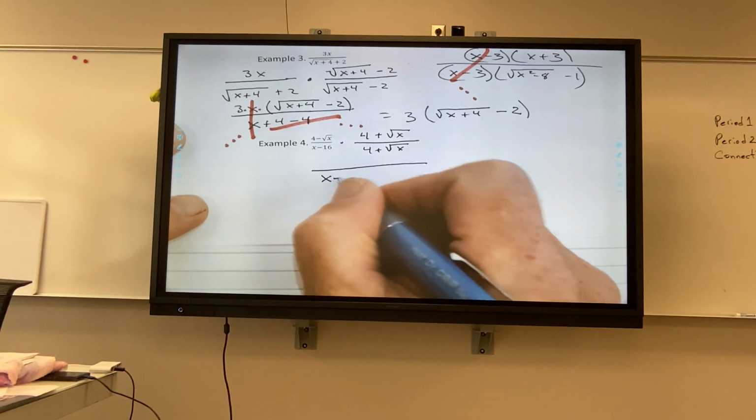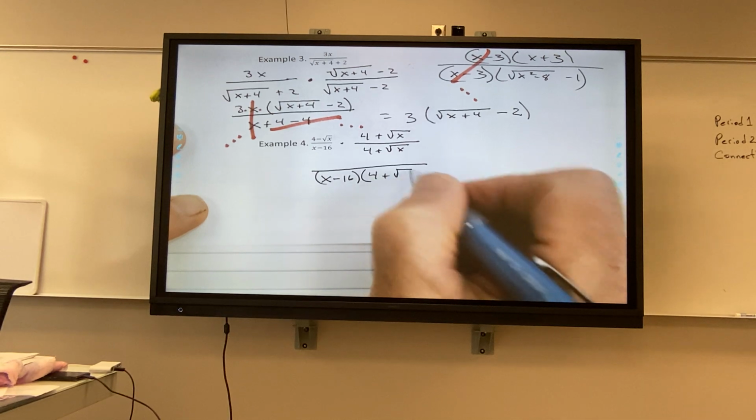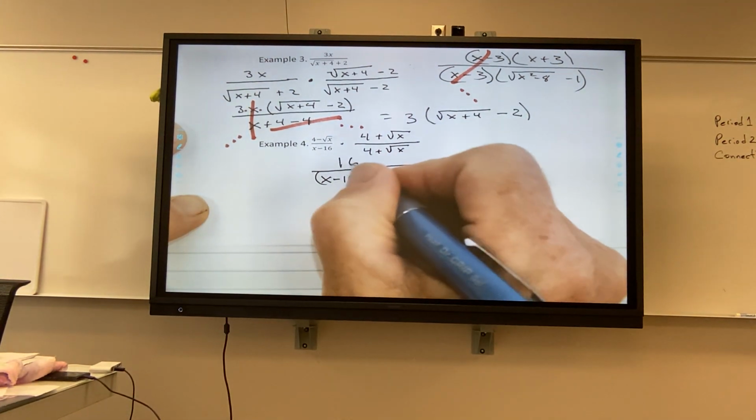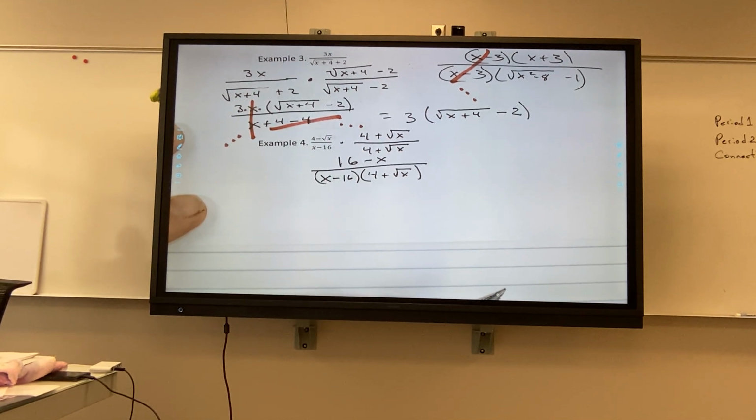Down here I have x minus 16, Ella, times the quantity 4 plus the square root of x. What do we have on top? 16 minus x. Perfect. Do they simplify? I see people saying no. You can. Don't you have to take out a -1? Right, these are opposites, aren't they?